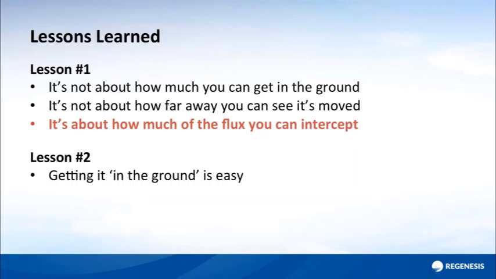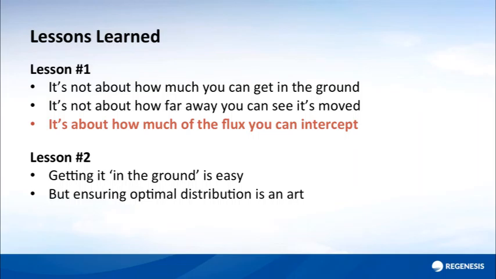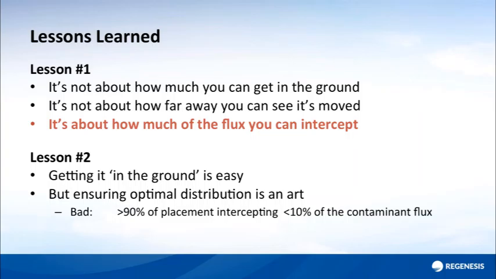This is what would happen, for example, on that building rubble site where we put a lot of material in, it disappeared down a pipe run or whatever it was and did not impact the surrounding groundwater significantly. What we want to achieve is ensuring that the majority of the material we put in the ground intercepts the majority of the contaminant flux.